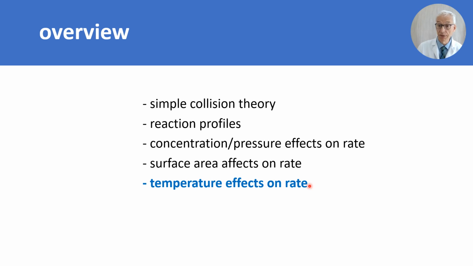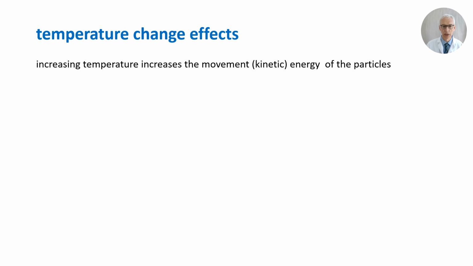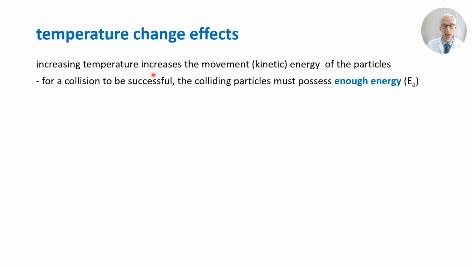Explaining temperature effects on rate using collision theory. The key effect of temperature change is to change the movement or kinetic energy of the particles. So if we start with the idea of increasing temperature, that increases the movement, the kinetic energy of the particles.